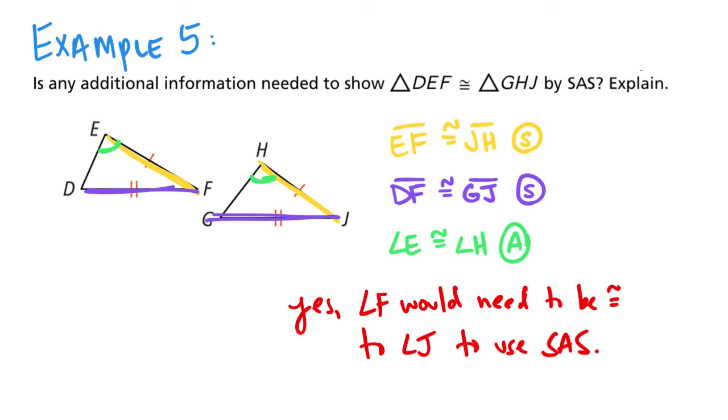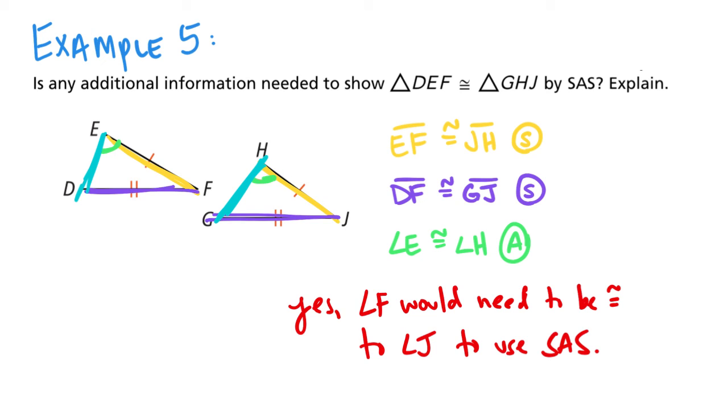Or the other thing I could say is that, hey, maybe I'm going to use this as an included angle, but in that case I would need GH to be congruent to DE. You know, let's color code that real quick. Let's throw that turquoise color back on there. I would need this segment to be congruent to this one, and then that yellow angle in both triangles would be the one made by the turquoise and the yellow segments.